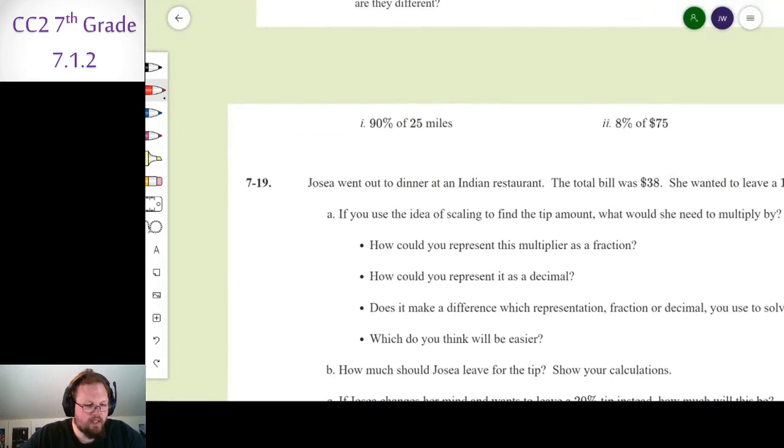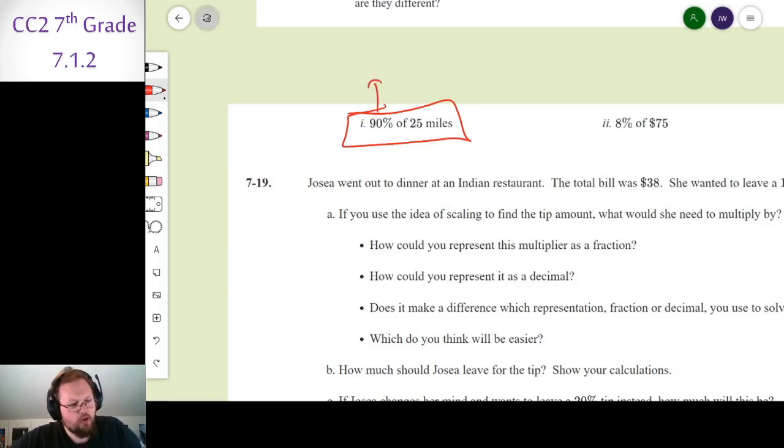So one good example of this is, what is 90% of 25 miles? I've already shown you ways to do this, so this lesson may be a little repetitive for you guys, but 90%, you could think of in 2 different ways. You could either call it 90 out of 100, which is the fraction version of it, of 25, and you can put that over 1 because we're multiplying fractions.